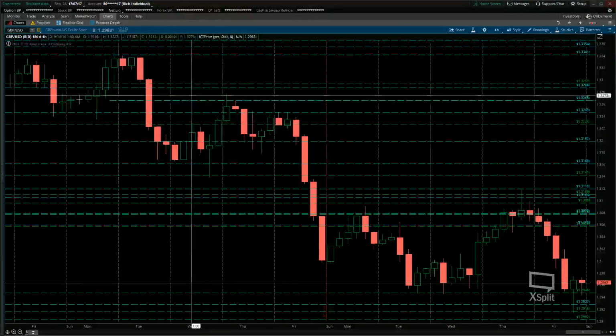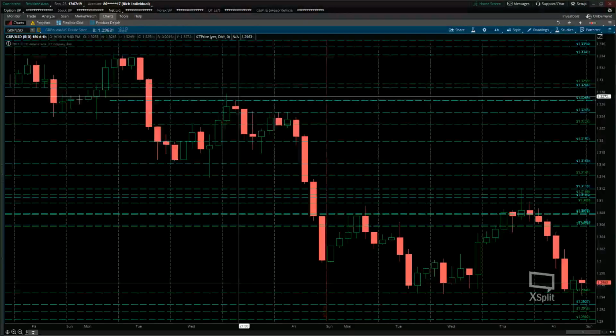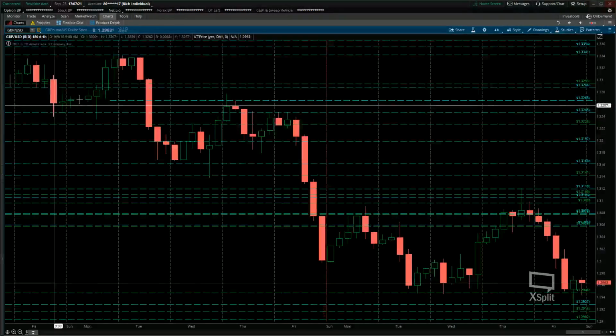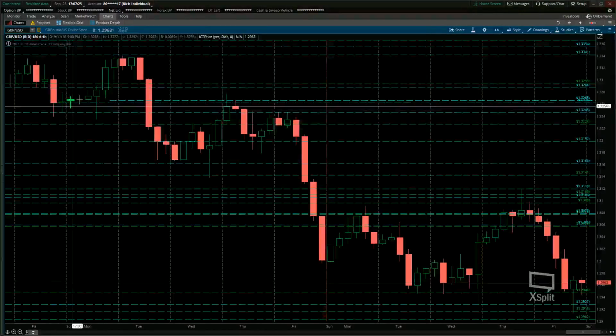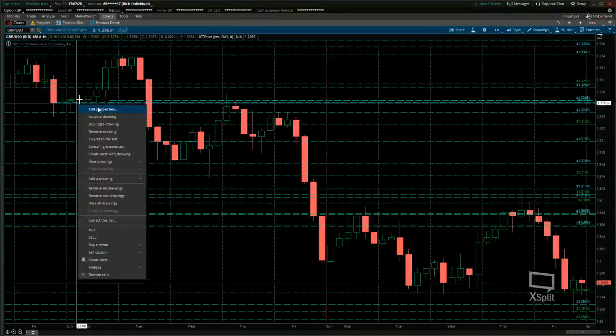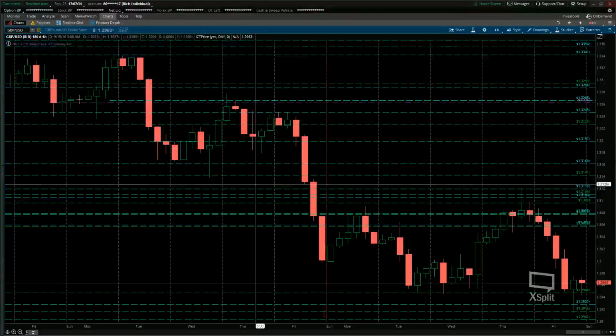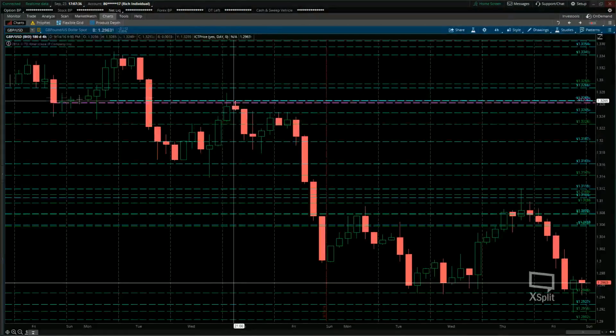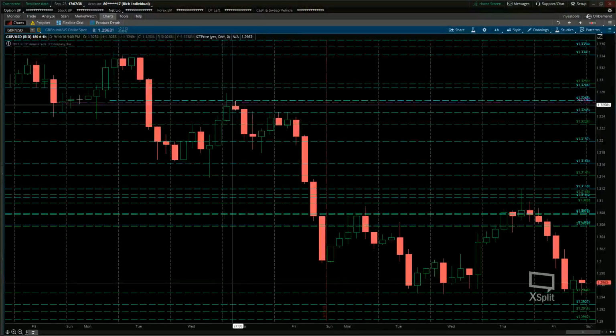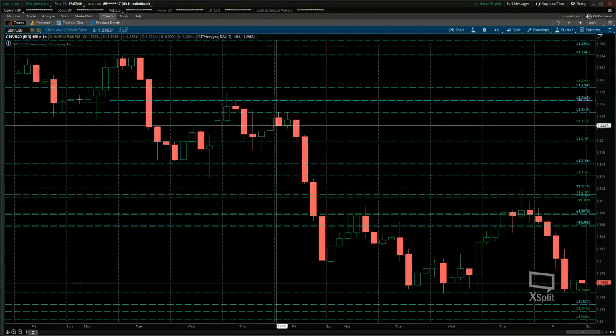So now if we go over and we take a look at the 4 hour, color it purple, start to see we got a zone in here in this area.